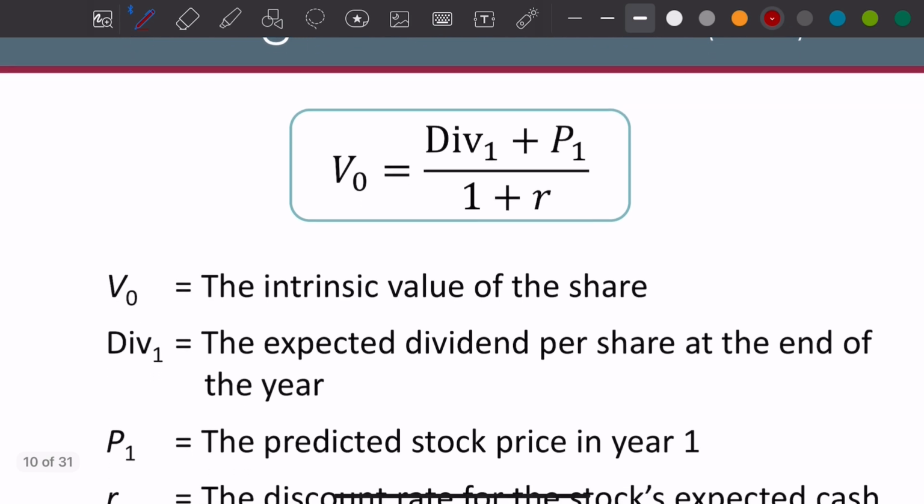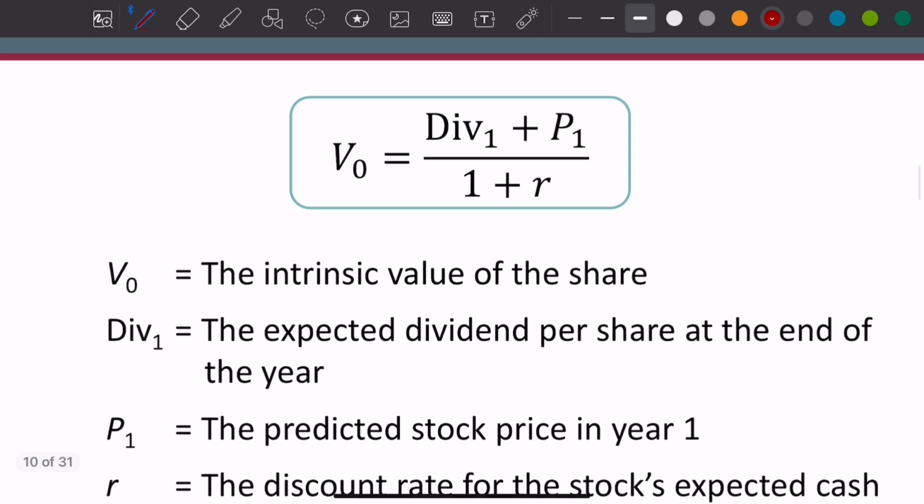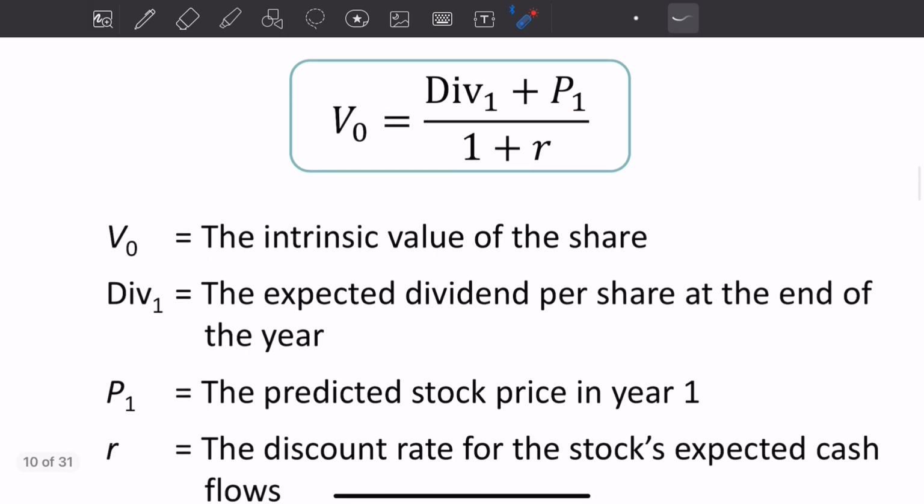Now here is the intrinsic value method. Okay, this is the formula to calculate the intrinsic value. So V0 here stands for the intrinsic value of the share, and that equals dividends that are expected per share at the end of the year, plus P1, which stands for the predicted stock price in the first year, and we divide that by a discount factor.